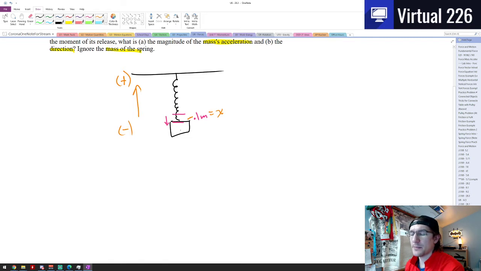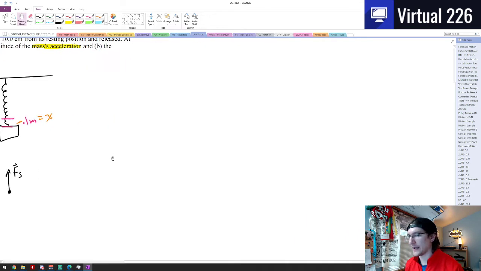Now, sometimes this problem is a little bit confusing. Sometimes people want to start including the weight into this, and you actually don't need to. In fact, the only force acting on our setup here is this spring force going up. It's not an entirely true statement, but that's the only force we care about. And let's see why.